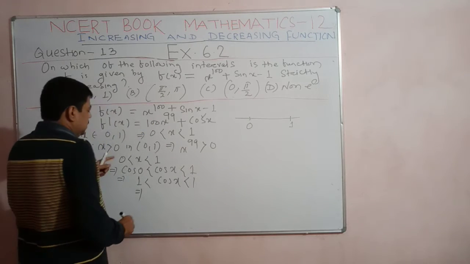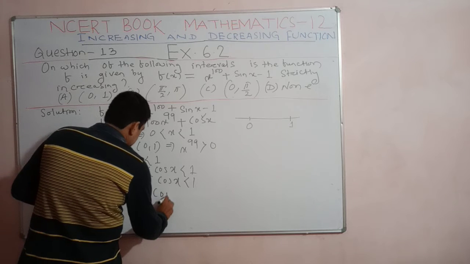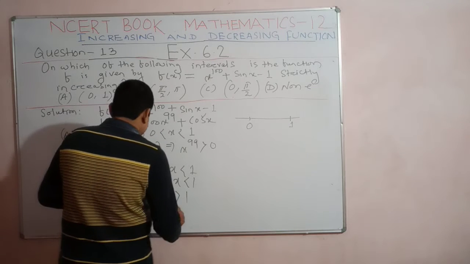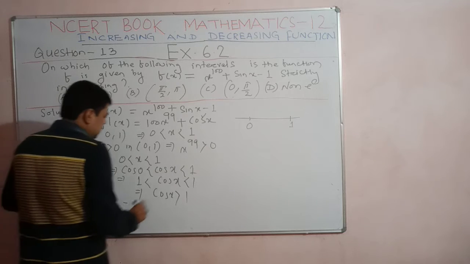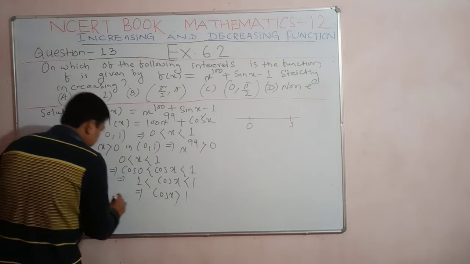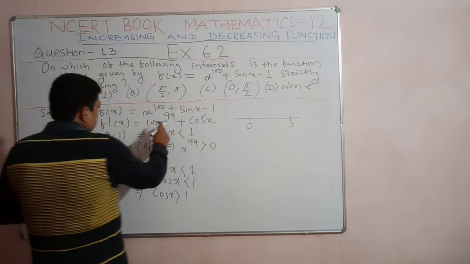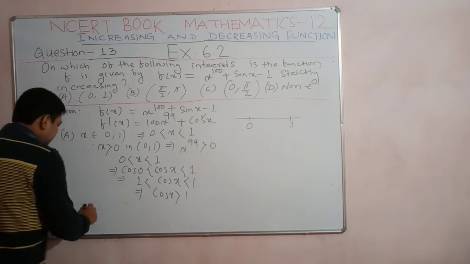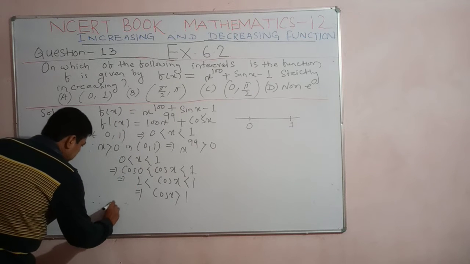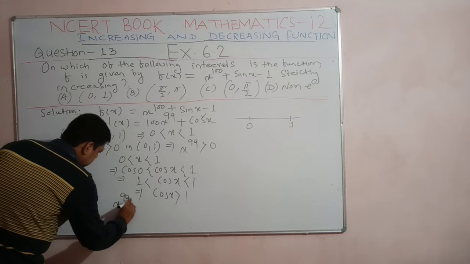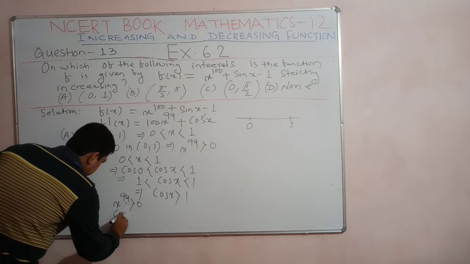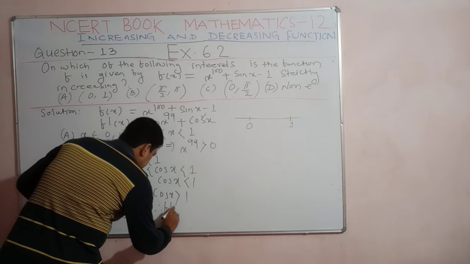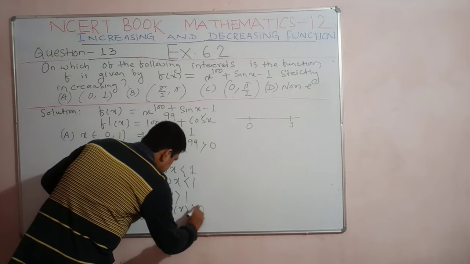That implies cos x is positive. So since x^99 is positive and cos x is positive, x^99 is greater than 0 and cos x is greater than 0. Hence f'(x) is also greater than 0.